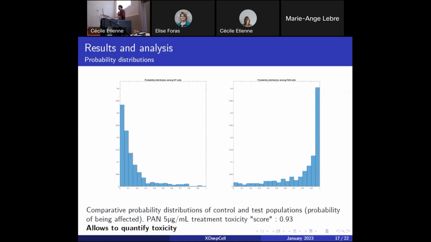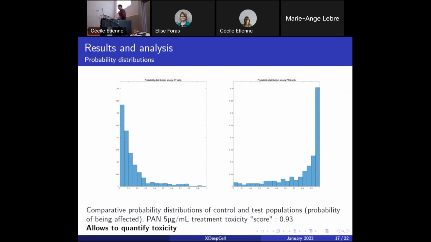If we take the median probability, it reflects the toxicity of the drug, the violence of the drug. For example, for PAN here, the median probability is 0.93.